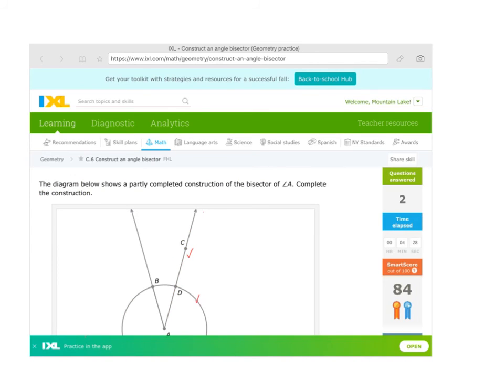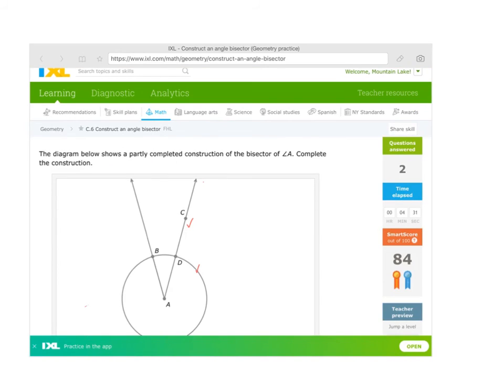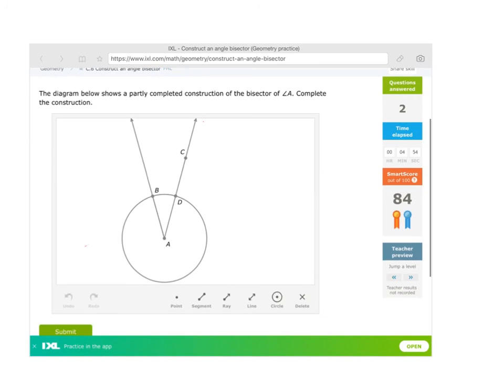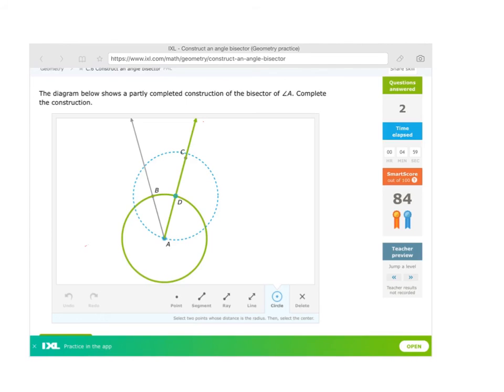That's right. So now we have another one, but here there's nothing that's shown to you. So we know we took A as the center and we drew a circle with radius AD or AB. So we've gotten that far. Now we've got to draw a circle, center D and radius A. So let's highlight these and we get our circle.